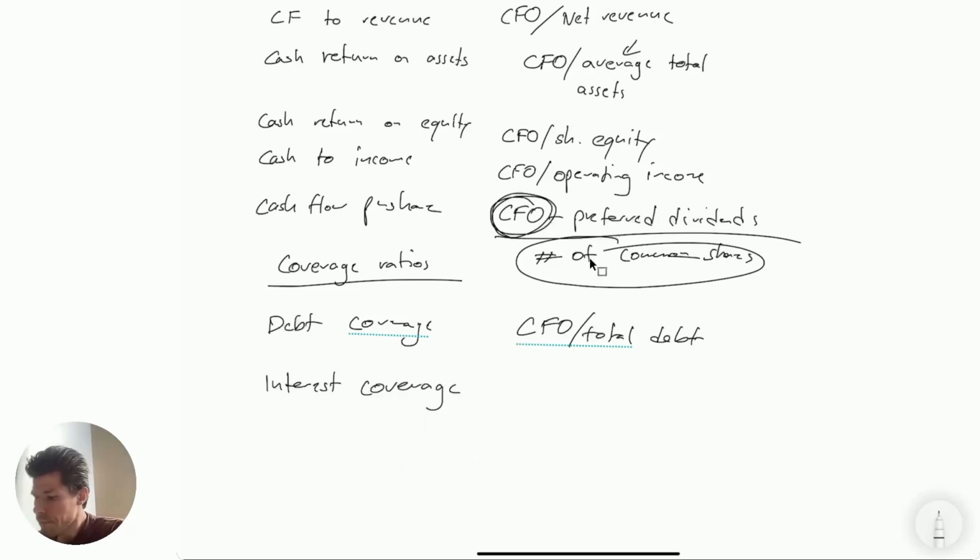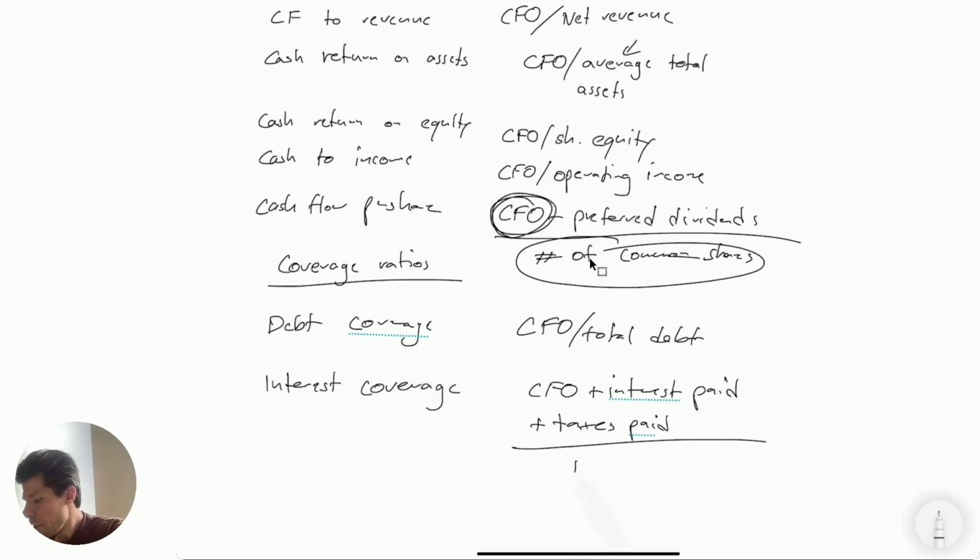Interest coverage, which is CFO plus interest paid plus taxes paid divided by interest paid.